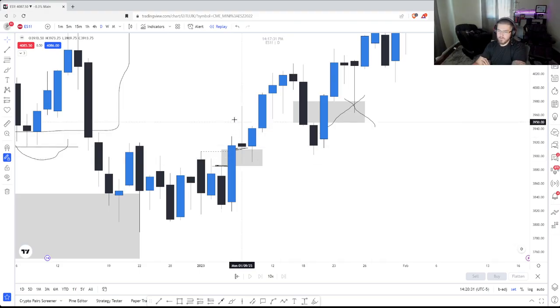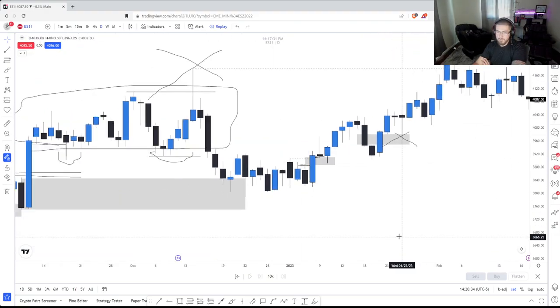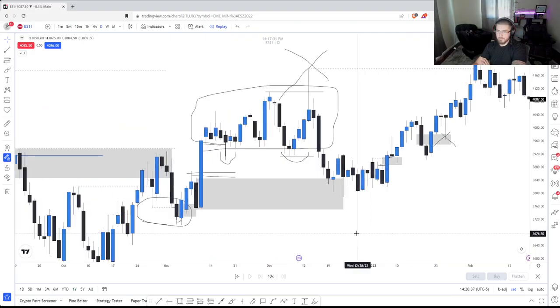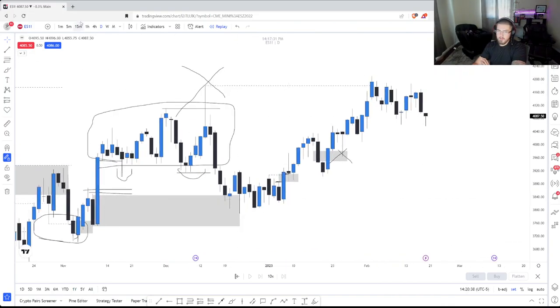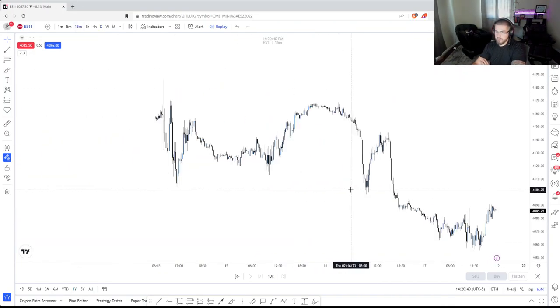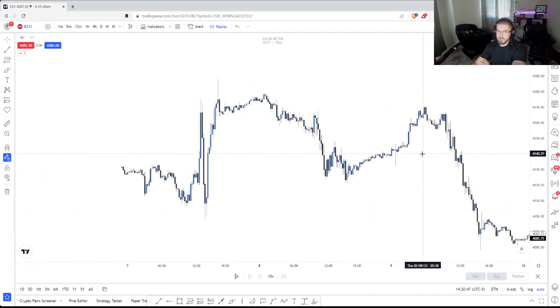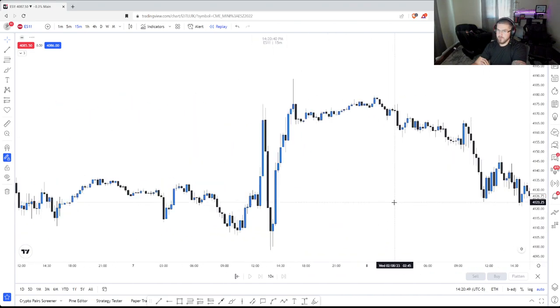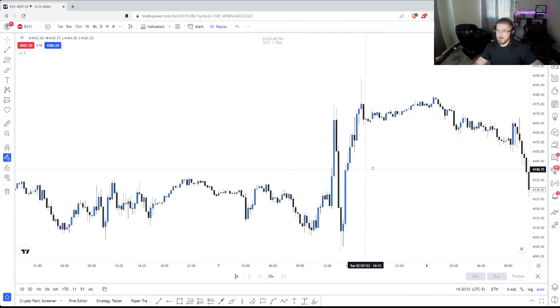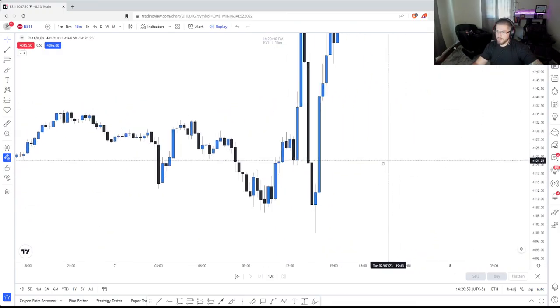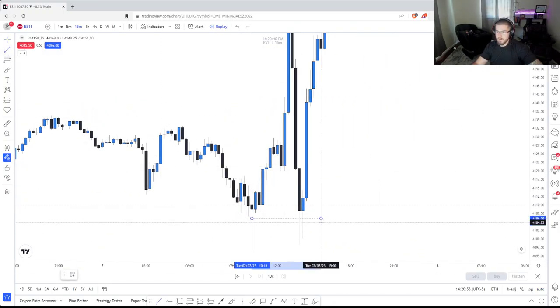So what we want to use fair value gaps with, for the most part, is identifying displacement. So if we're looking at the market from a sense of trying to find the true direction of the market, let's just look at some examples over here. So for instance, let's say the market does something like this and we leave fair value gaps.